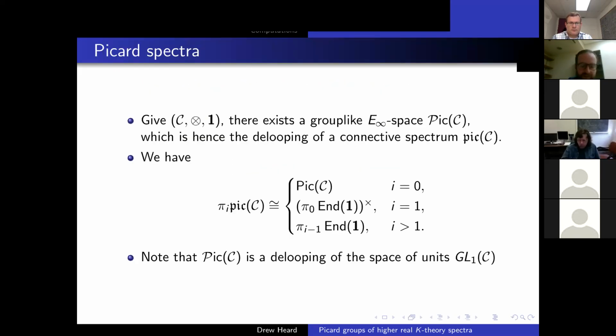This last comment here just says that this pic is just a delooping of the space of units. So the units has its homotopy groups as these here. We'll use this at some stage. We work with the units rather than the Picard spectrum.